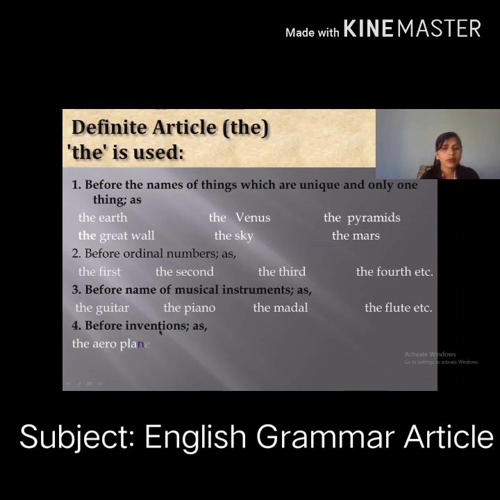For example, aeroplane, mobile, radio, telephone, microscope, television. These are the inventions. So, we have to write article the before them and say the aeroplane, the mobile, the radio, the telephone, the microscope, the television, etc.